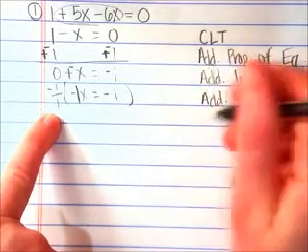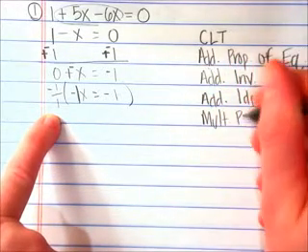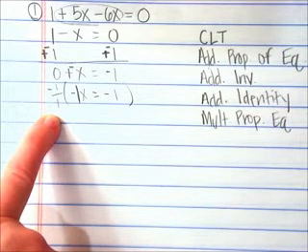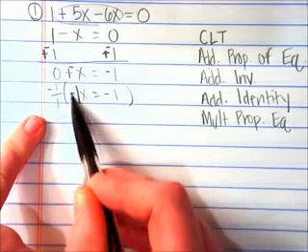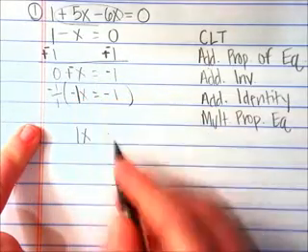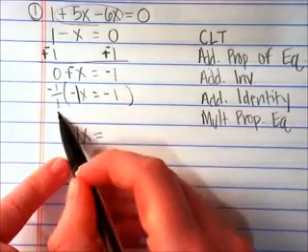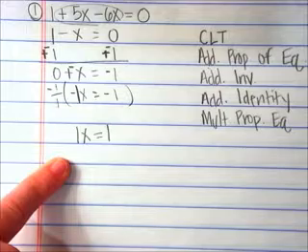That's the multiplicative or multiplication property of equality there. Now, when I do that, negative 1 over 1 times negative 1 gives me 1x, and I'm left with equals negative 1 over 1 times negative 1 is equal to 1.